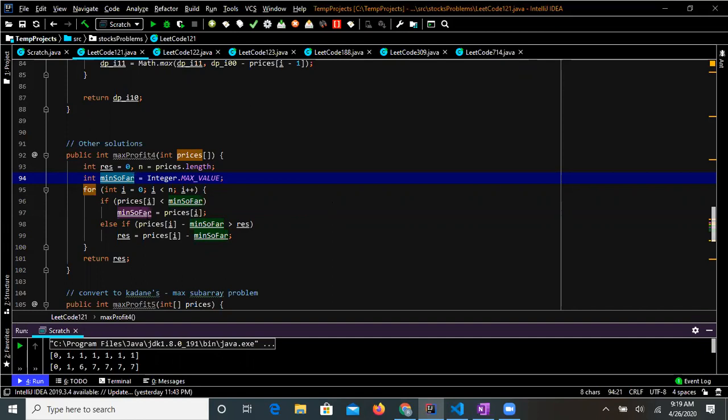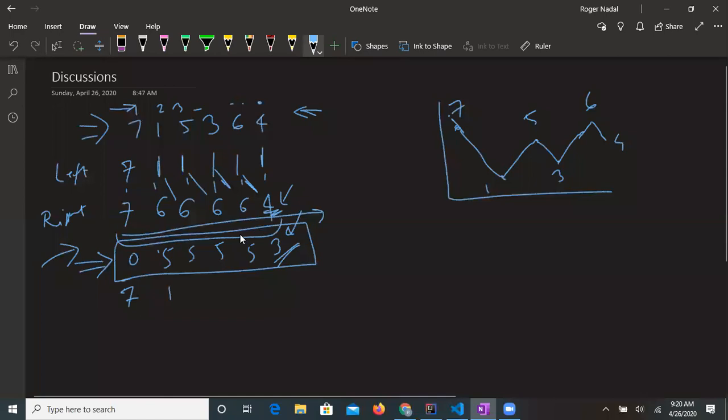You keep going, continuing with the minimum price you have seen so far. Then every time you are able to make a profit, you see if it is the best profit you can make. If yes, then update the result. Otherwise, just forget about it. So that was the basic idea. After you optimize the space, we derive the same solution.